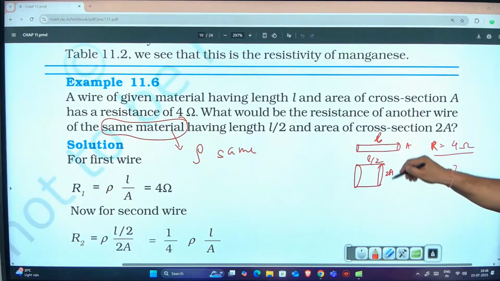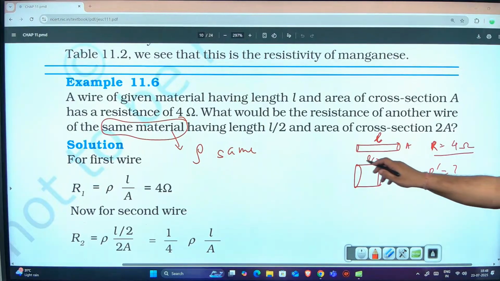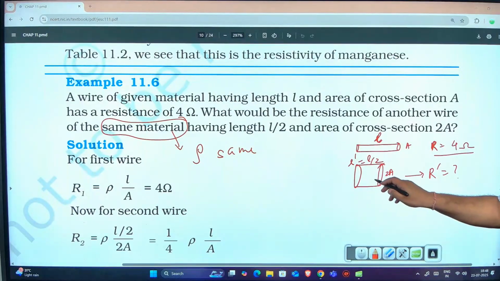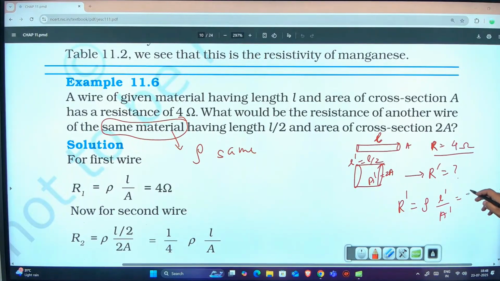Let this be R dash. Am I right? So can I say that L dash is given as L by 2 and A dash is given as 2A. So what will be R dash? R dash will be rho into L dash by A dash, which will become equal to rho into L by 2 over 2A.